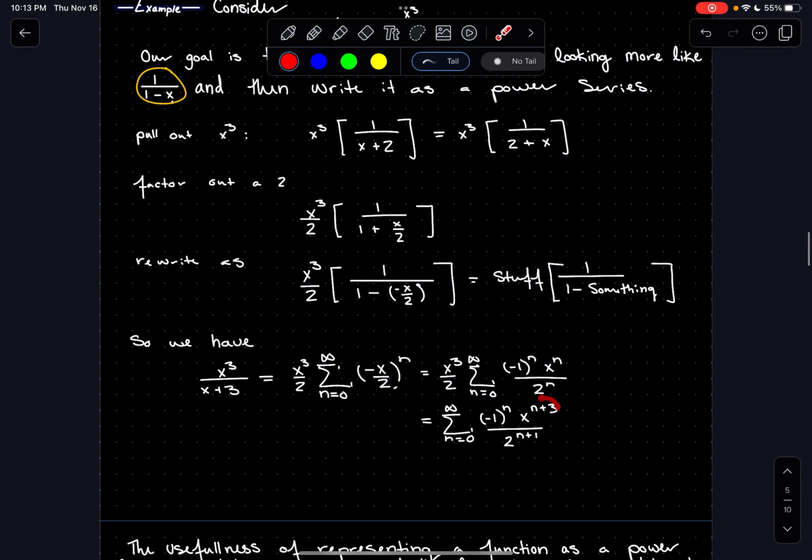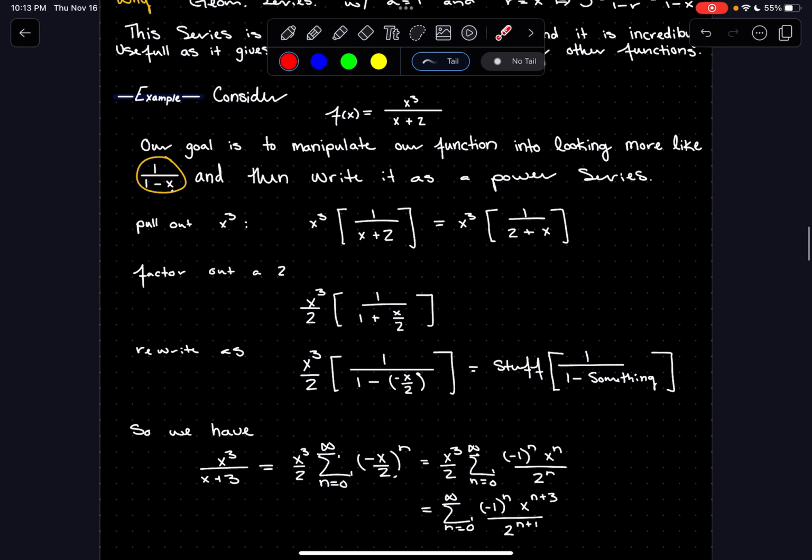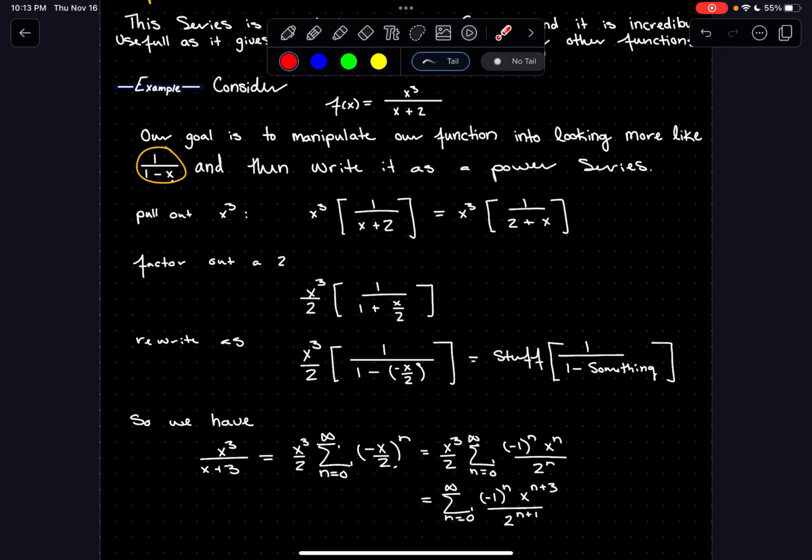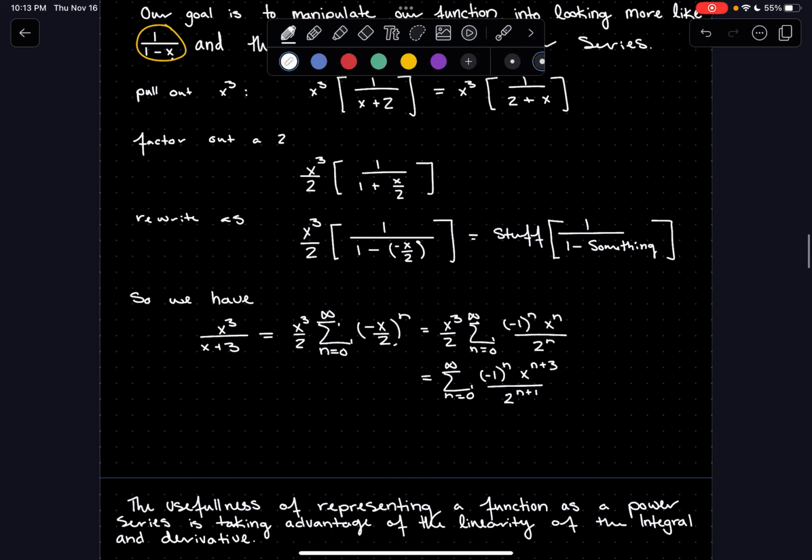This series converges to something, and that series will in fact converge to the value of this function at that x value, but only for the absolute value of x less than 1, which implies that x is in negative 1 to 1.